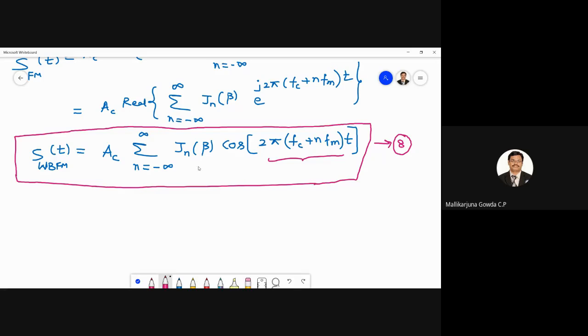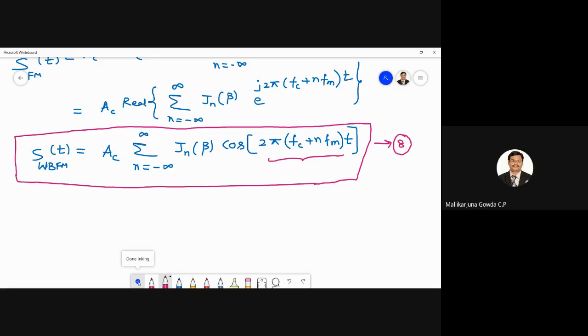After understanding the properties of the Bessel function of first kind and nth order, we will appreciate the importance of this equation, how it has an infinite number of sidebands, and what bandwidth is required for transmitting such a wideband signal. Is this clear, or do you have any doubts about arriving at this equation?